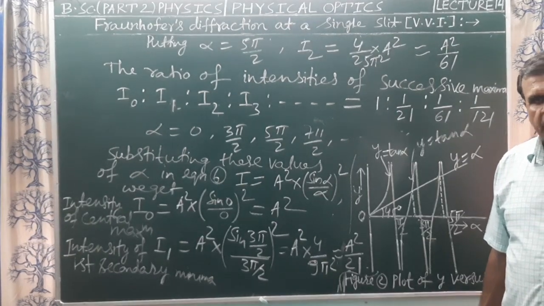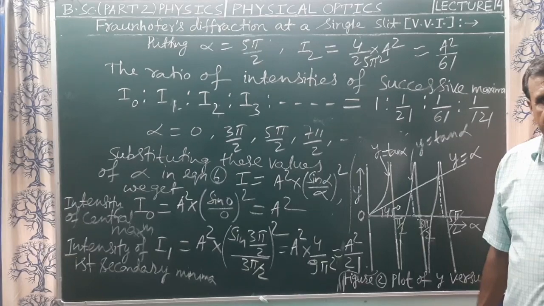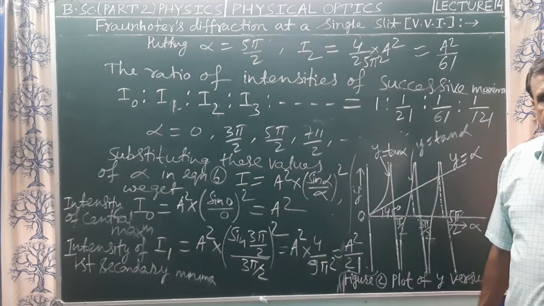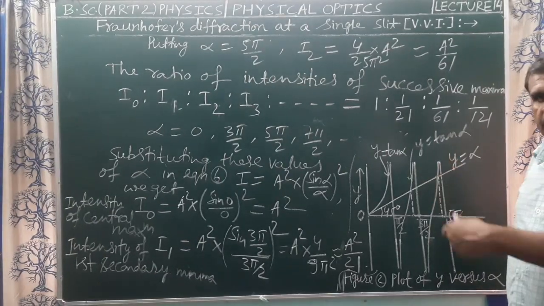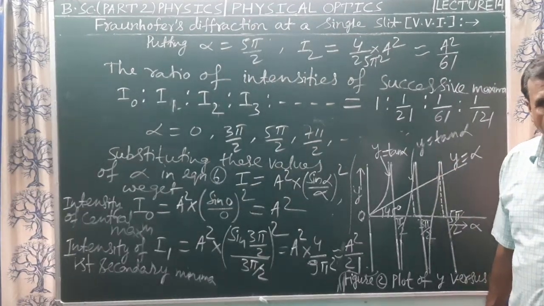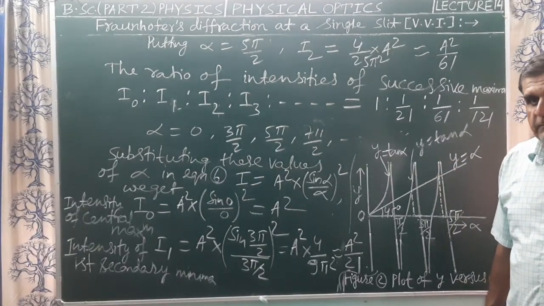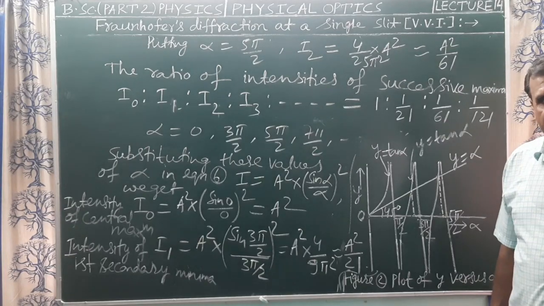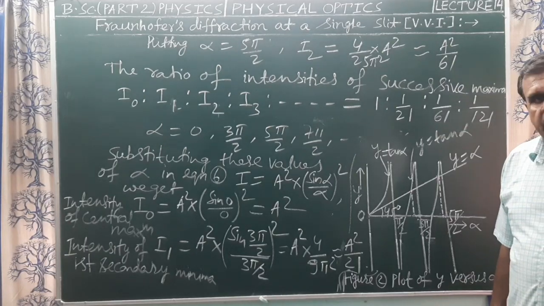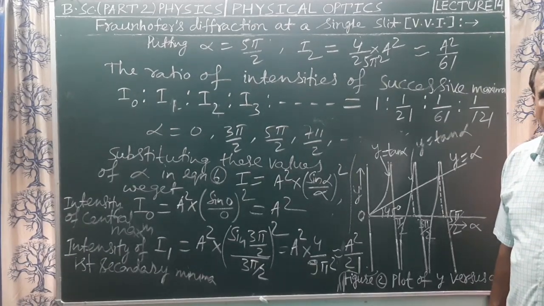If theta is 0, the diffracted light will travel along the direction of incident light, as we have seen in figure 1, that at point O, the center of the screen, the diffracted light from the single slit travels along the direction of incident light and meets in the same phase at the center of the screen.